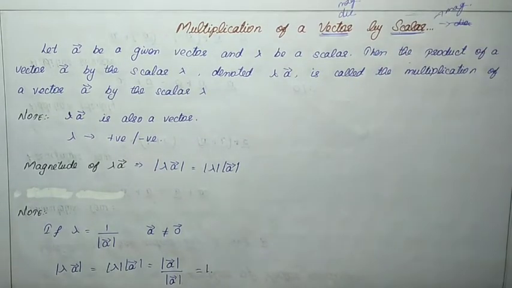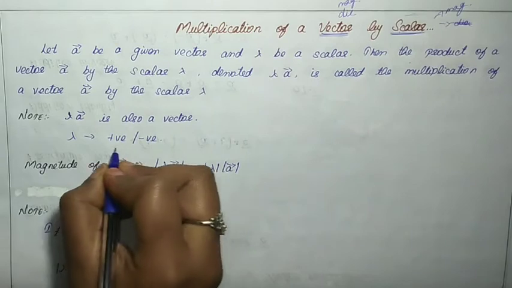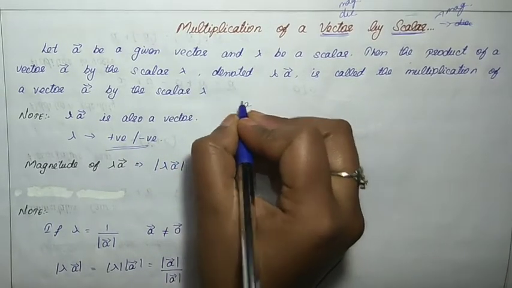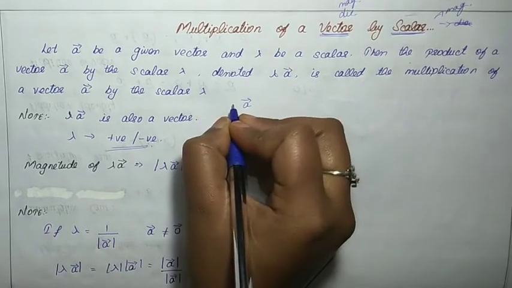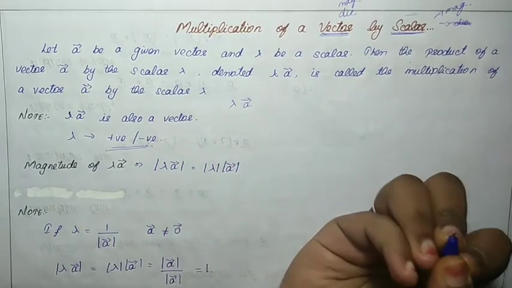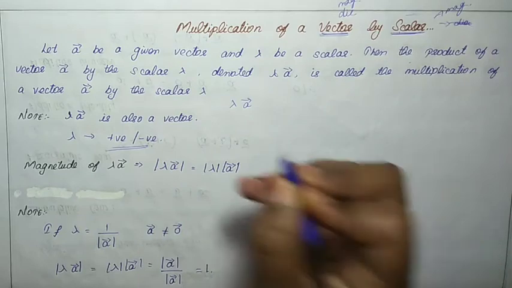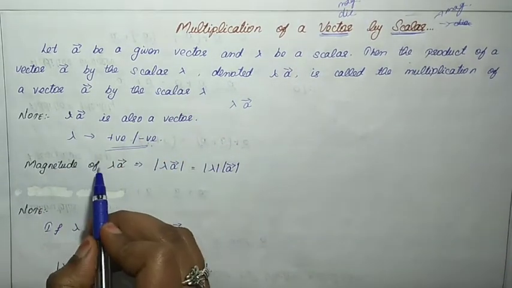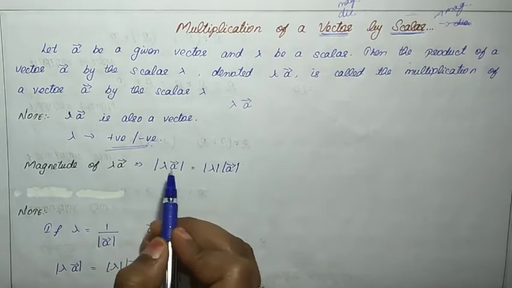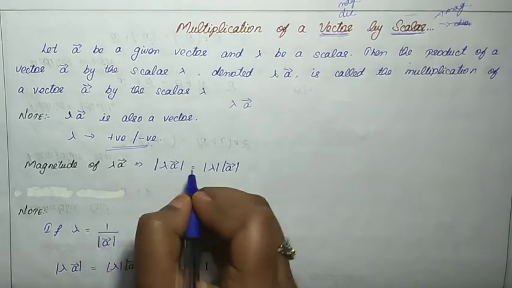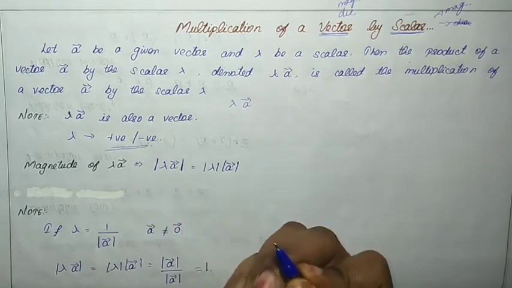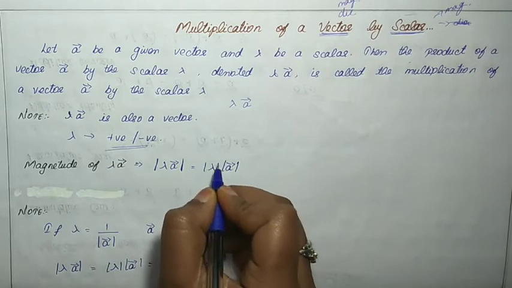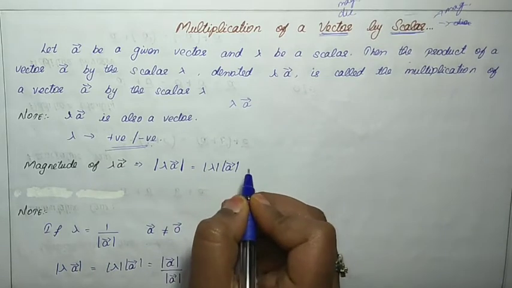It can be both positive and negative, which I have mentioned here. So we have a vector and we are multiplying by a scalar, which means it is just lambda A vector, that's it. Now the magnitude of lambda A vector will be denoted with a mod symbol, that is mod of lambda A vector equals mod of lambda into mod of A vector.